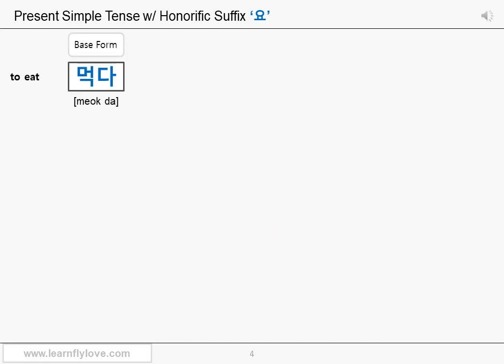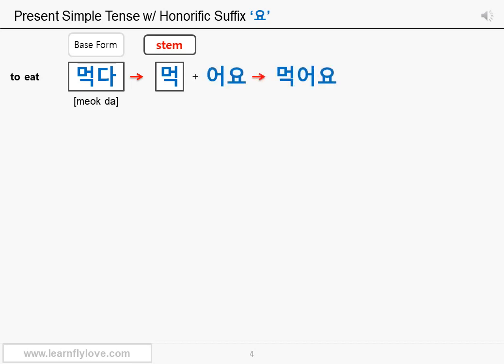The base form of the verb to eat in Korean is 먹다. The stem is 먹. This stem has a vowel, which is neither a vowel nor o vowel. It's eo vowel. So needless to say, you need to add the ending 어요.